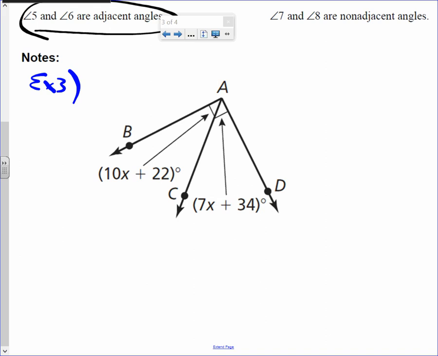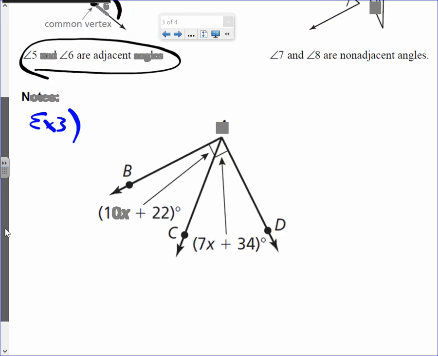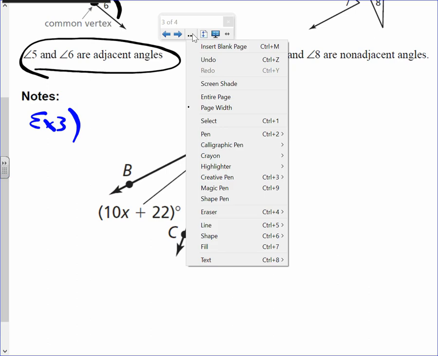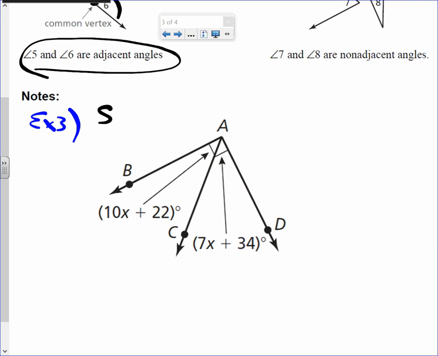So page 2 in the note section for underneath adjacent, go ahead and draw this picture. I'm going to write solve for x. That's the mission.